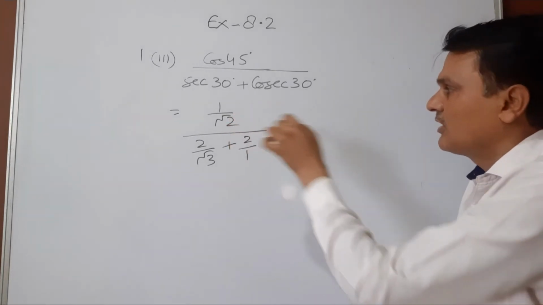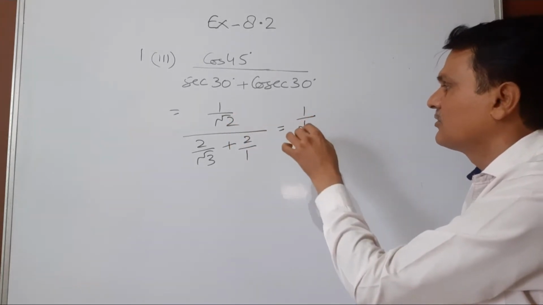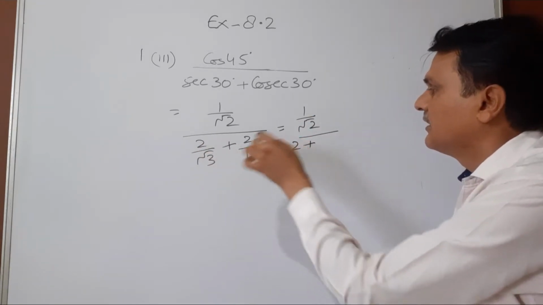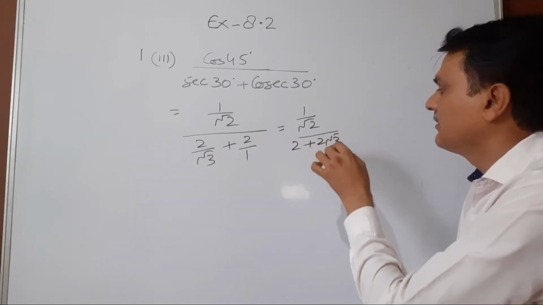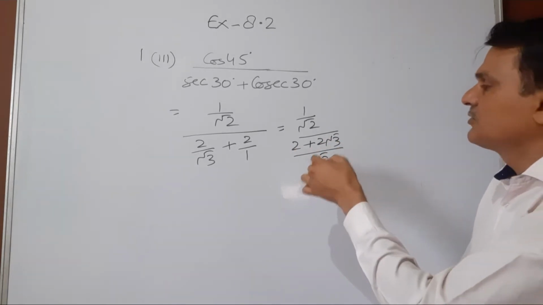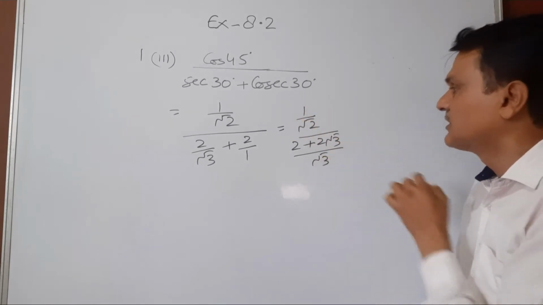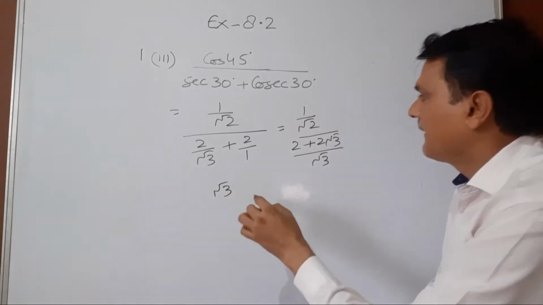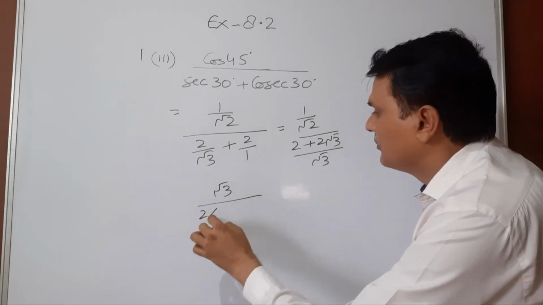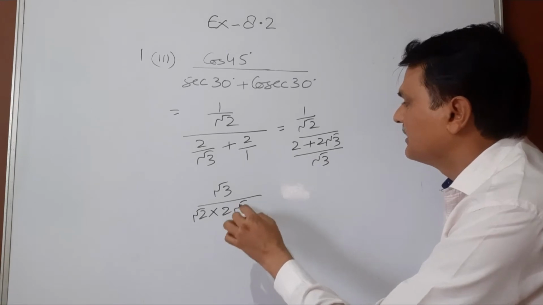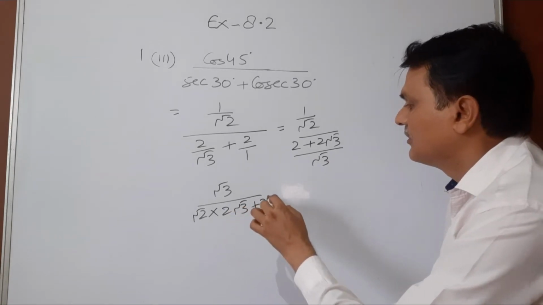After this we solve it: 1 upon root 2 whole divided by 2 plus 2 root 3 divided by root 3. After that, we transpose root 3 from the numerator, then this becomes root 3 upon 2 into root 2 into 2 root 3 plus 2.